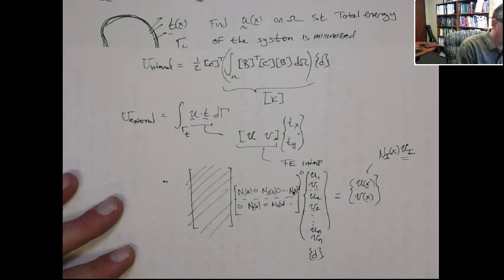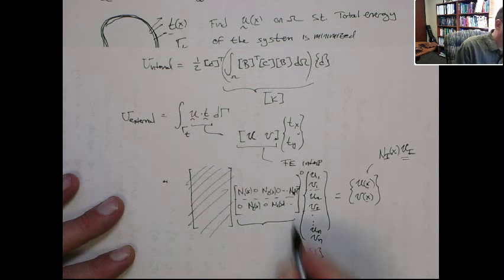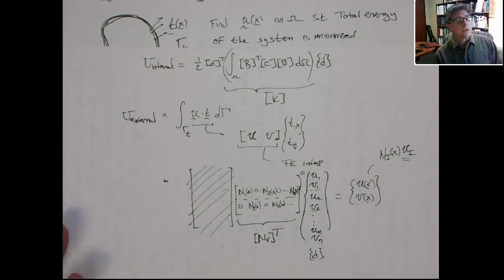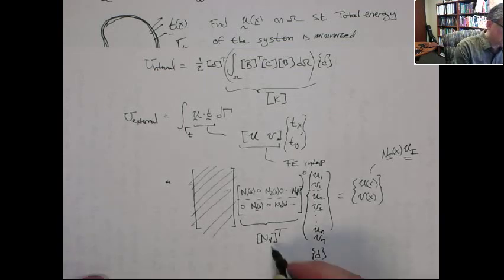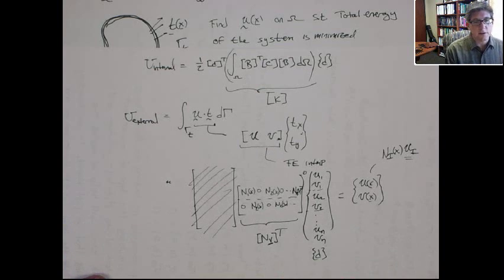I'm going to call this matrix NV transpose. It's something like the shape function row vector, but it's such that it gives the displacements of the vector field. So I have the little v there.